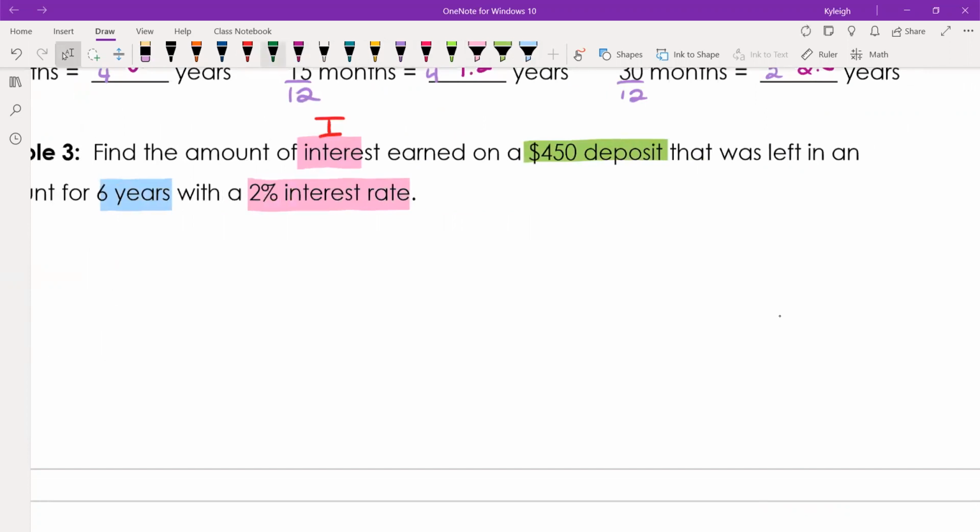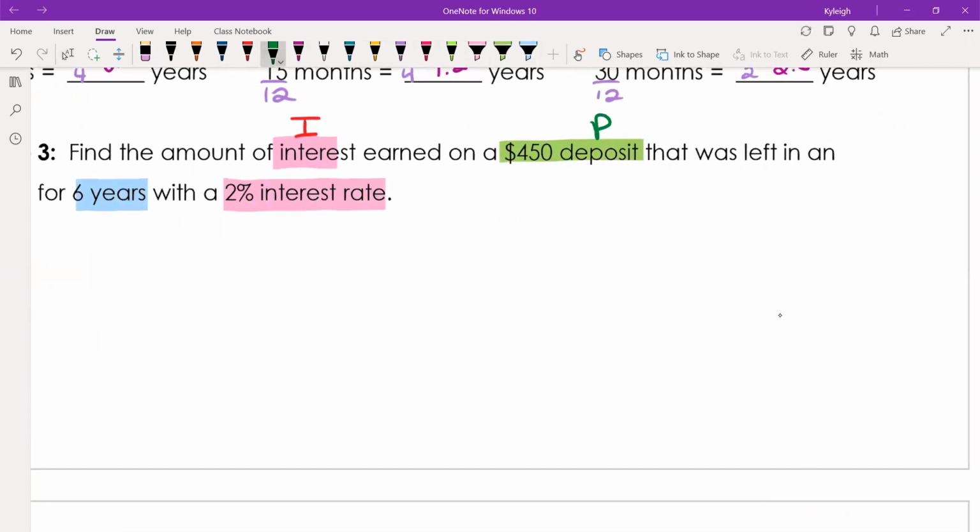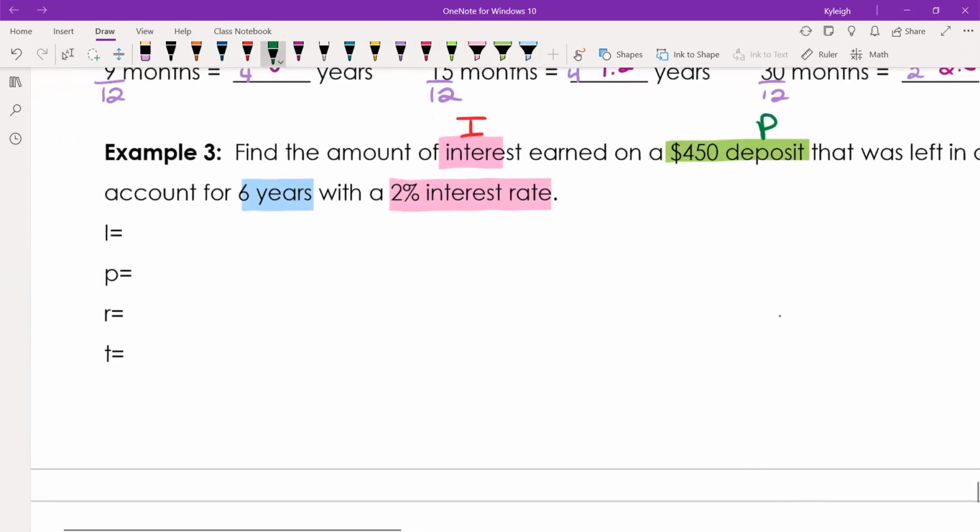So deposit is our principal amount. Years is our time. And our interest rate is our rate. I normally put it on the side here. So my interest is what I'm finding, so I don't know that yet. My principal we said was $450.